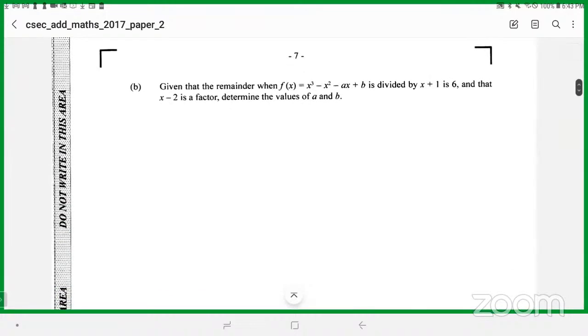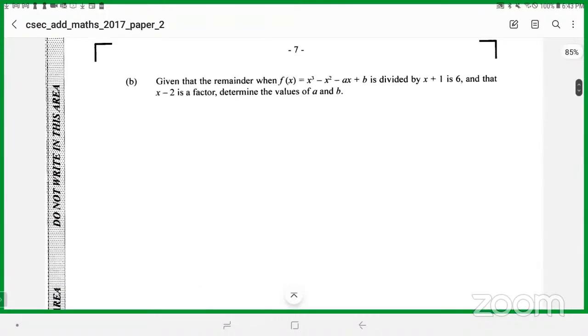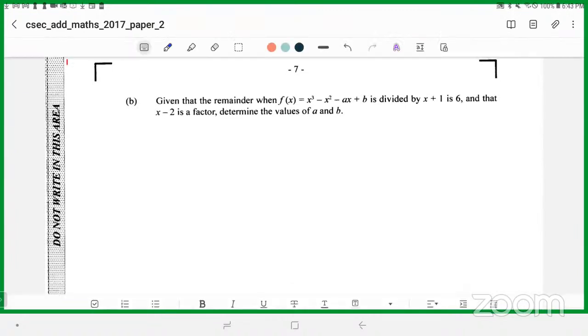This question says, given that the remainder when this thing is divided by x plus 1 is 6, and that when this is, oh, this is a factor. Okay, so the x minus 2 is a factor. So this gives a remainder of 6. But then this is a factor. Now, if it's a factor, it gives a remainder of 0.